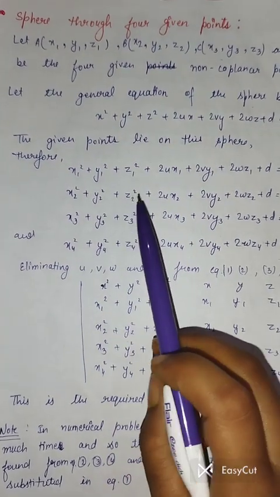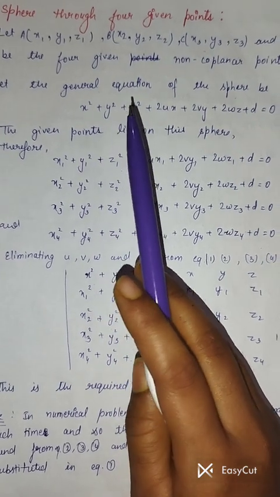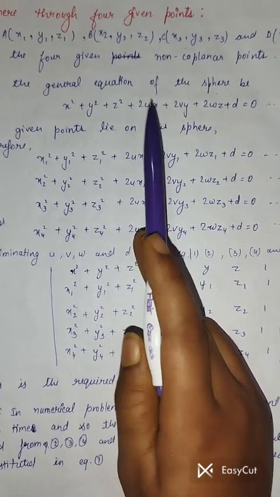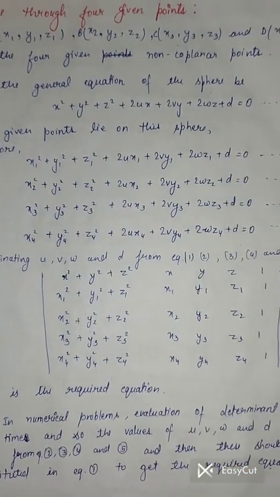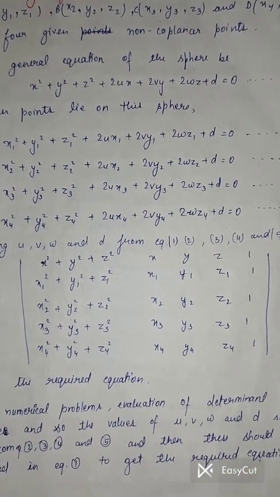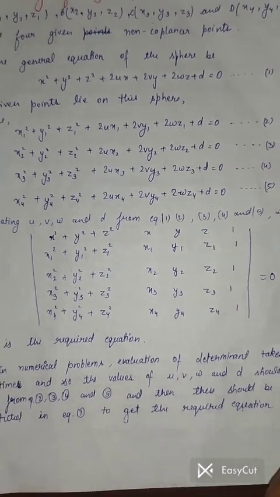Now, if we put the coordinates of point A, that is x1 comma y1 comma z1 in the equation number 1, we get x1 square plus y1 square plus z1 square plus 2ux1 plus 2vy1 plus 2wz1 plus d is equal to 0.